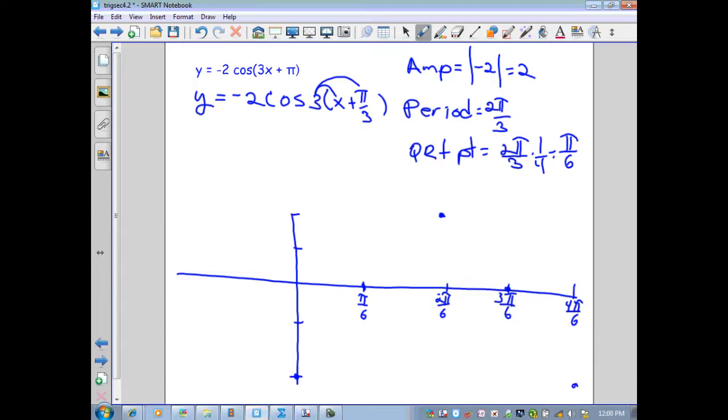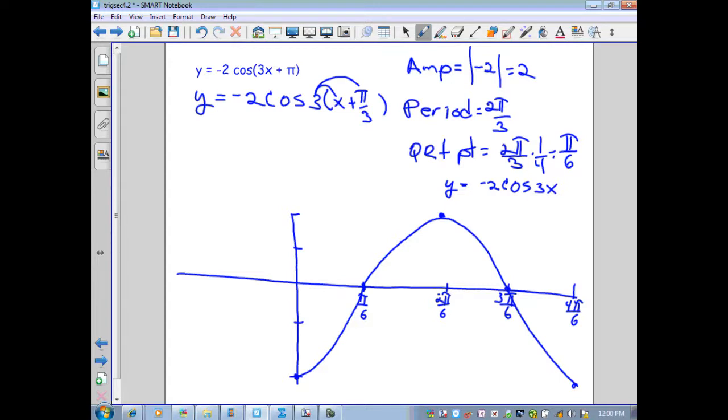And then I'll complete a smooth curve through those points. And that function would represent y equals negative 2 cosine 3x without my phase shift of pi over 3.